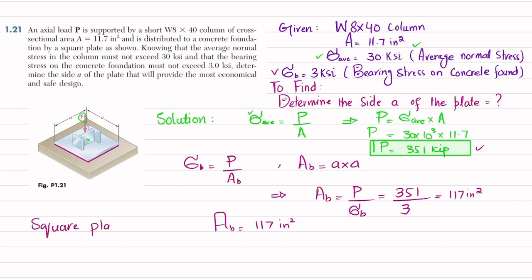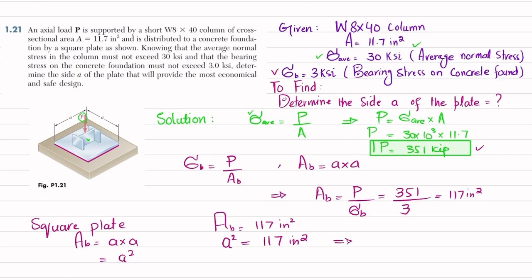square plate. So area will be equal to A times B, which we have calculated is A by A, which is equal to A square. So here we will write area of bearing plate is A square, which is 117 square inch.